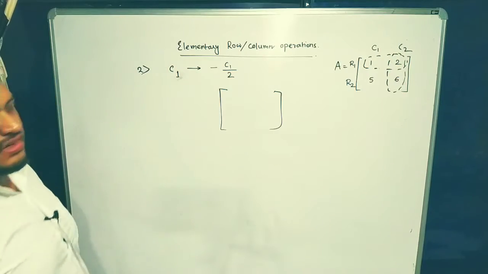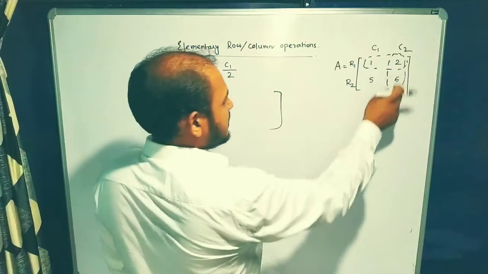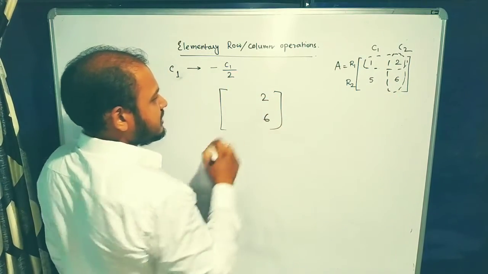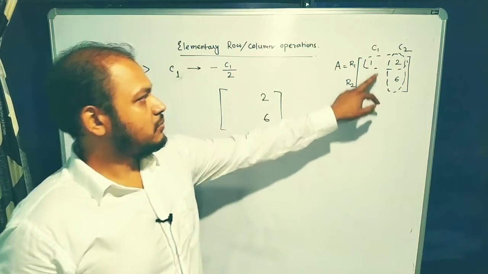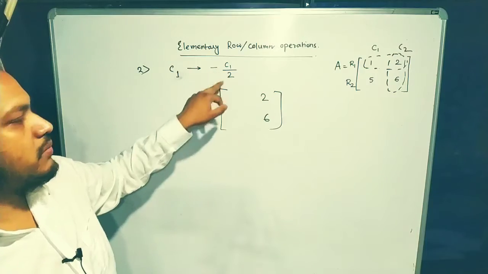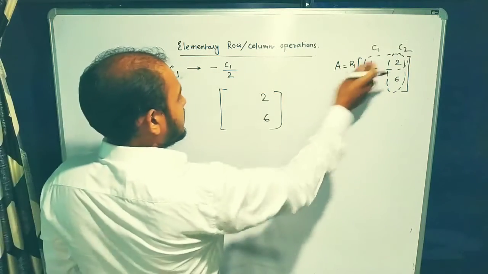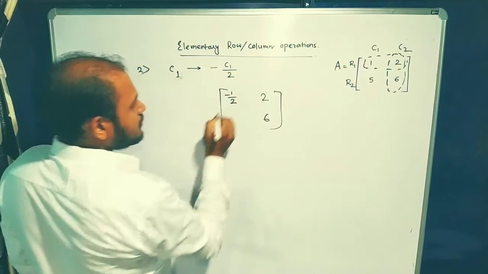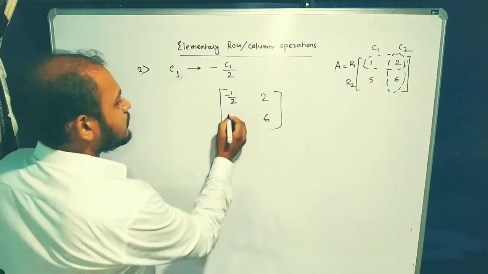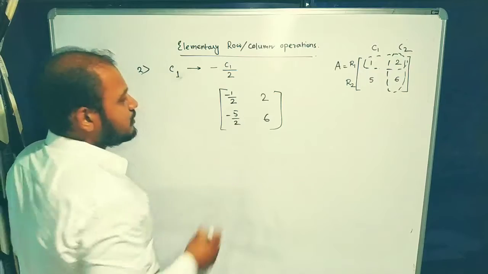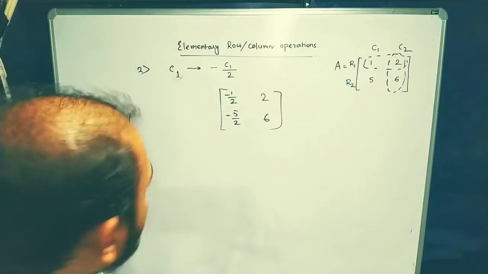Only the first column is getting changed, second column remains the same. So second column I write it here, and look at the first column. First column has numbers 1 and 5. Multiply each number by minus 1 by 2. So 1 becomes minus 1 by 2. And what about 5? 5 becomes minus 5 by 2. See, it is very easy.